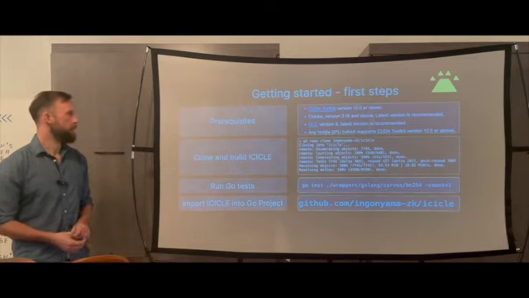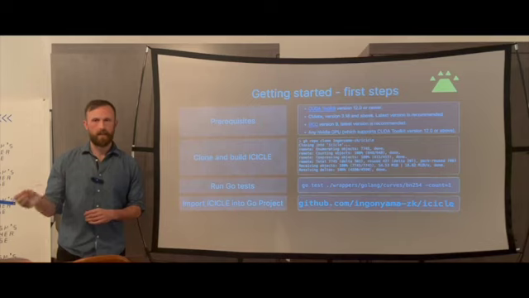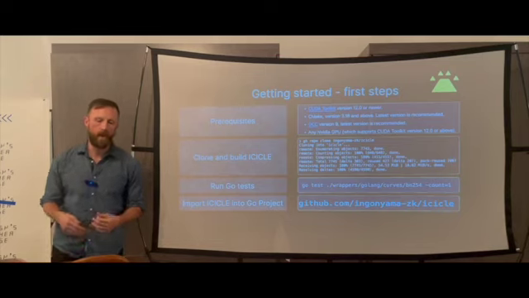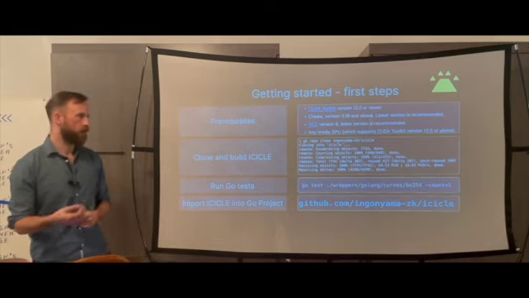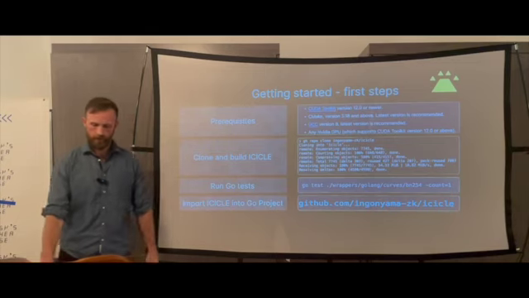You're going to clone and build our Icicle library, which builds the static C++ libraries you're going to need to call. Then run the Go tests, import Icicle into your project, and use our Go bindings to actually call the functions we need.